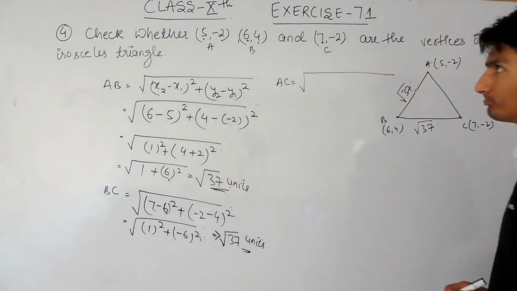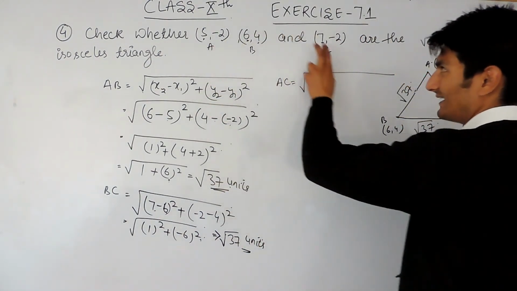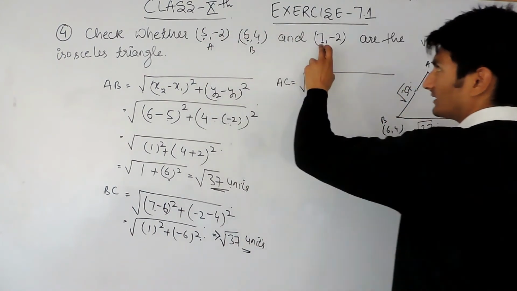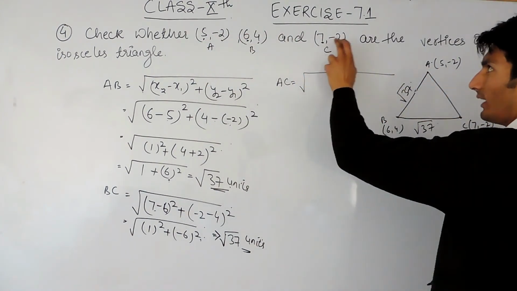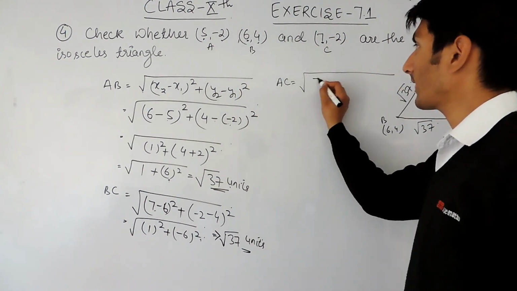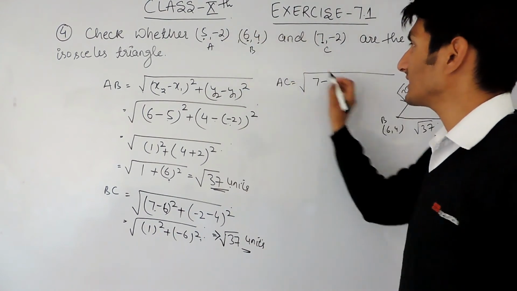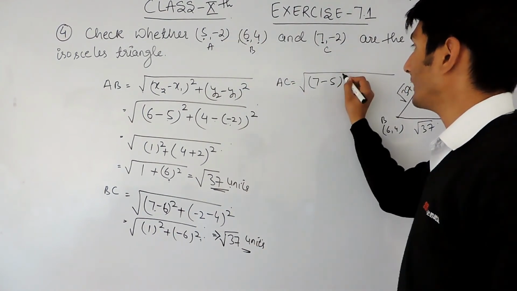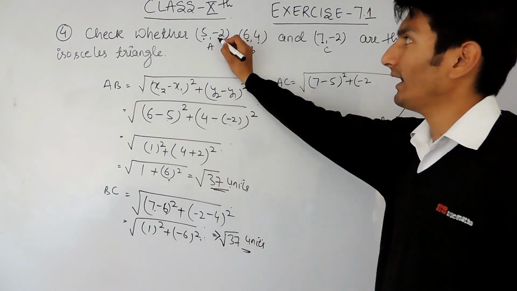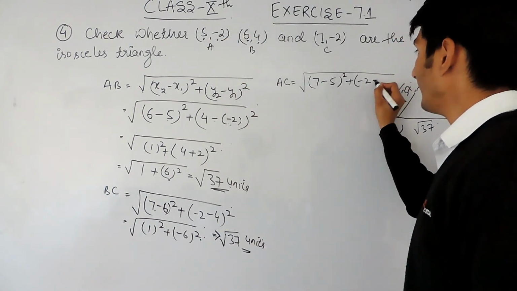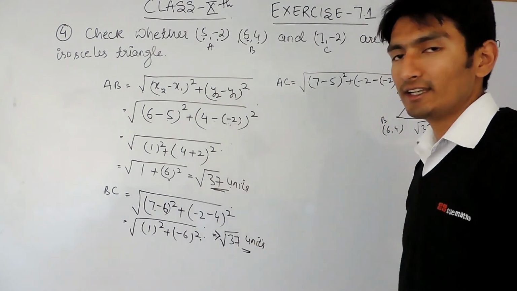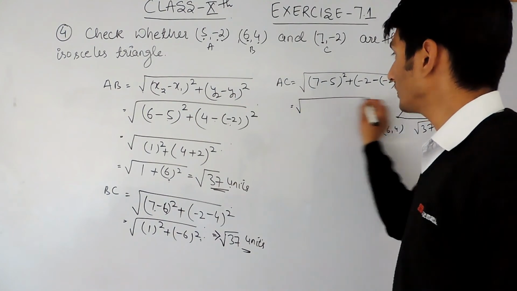The formula will remain the same, but for A and C, consider this point as x1, y1 and this as x2, y2. So x2 minus x1 is 7 minus 5 whole square plus y2 minus y1, where y2 is minus 2 and y1 is minus 2. Let's solve the bracket first.